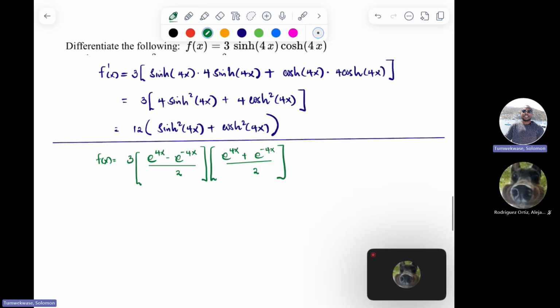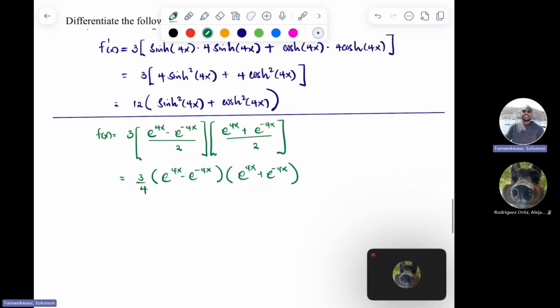We are multiplying everything, so this 2 and this 2 can multiply to make 4, so this can be 3 over 4 into e to the 4x minus e to the negative 4x, then times e to the 4x plus e to the negative 4x. Now, you can first multiply, open up these brackets maybe.